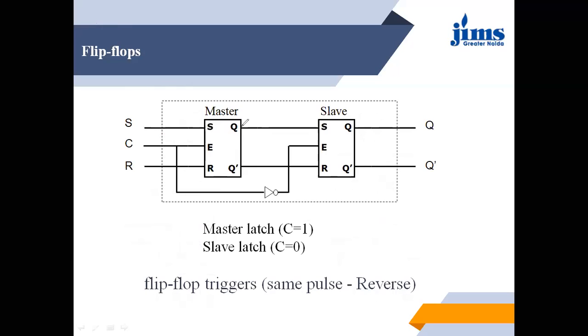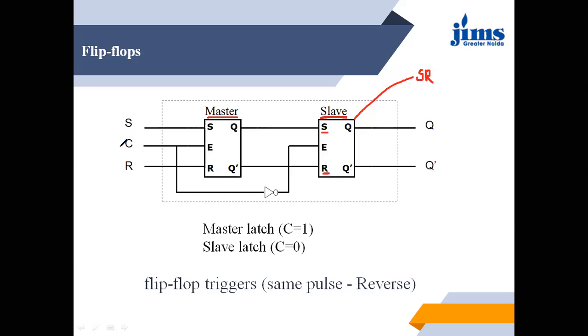The first flip-flop is said to be the master flip-flop and the second flip-flop is said to be the slave flip-flop. I represent this by SR flip-flop, which means we are going to implement this using SR flip-flops. We can implement this using JK flip-flops also.